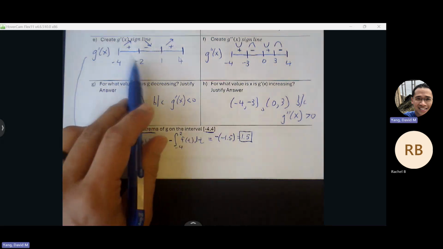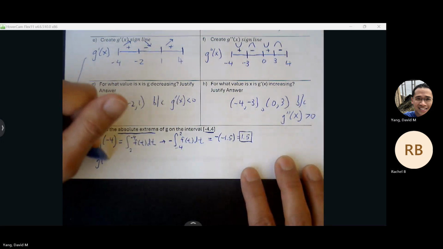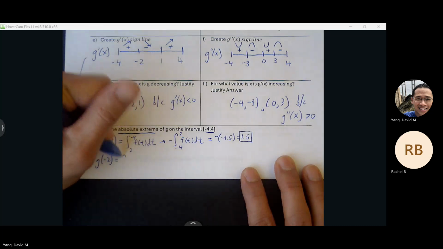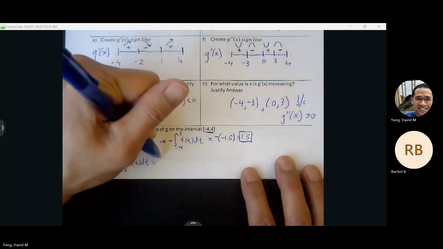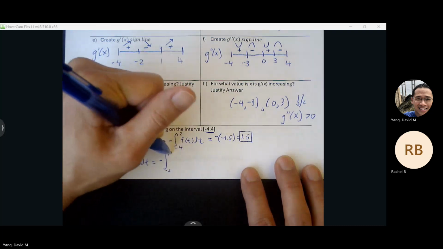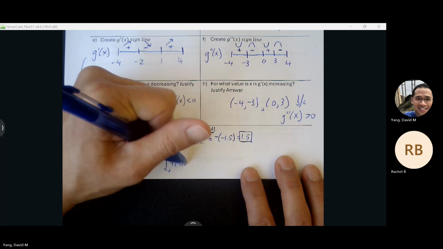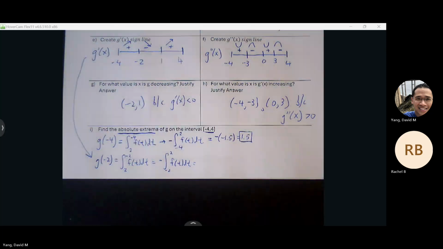Next up, let's test -2. So add up your regions from -2 to 2.